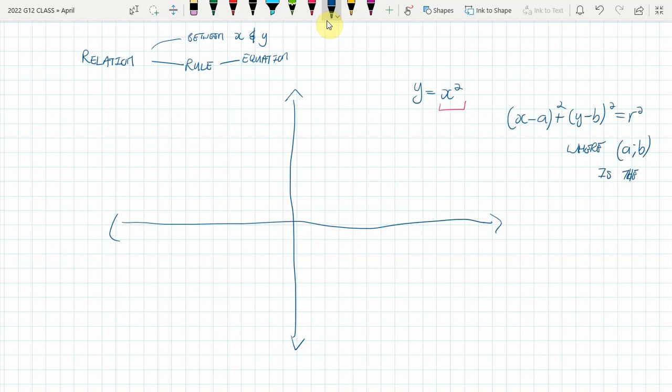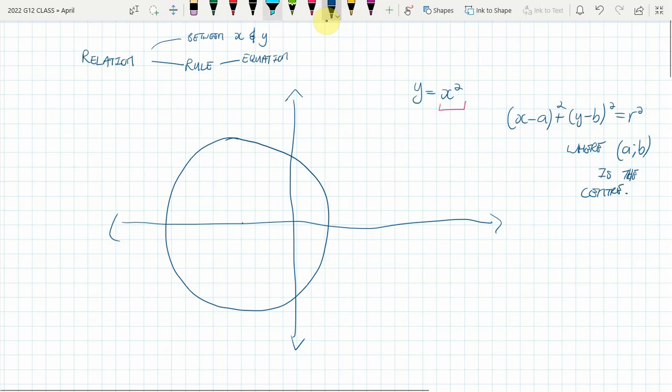These are not functions, rather they are relations. An example of a circle on the Cartesian plane would look something like that. A and B is the center.